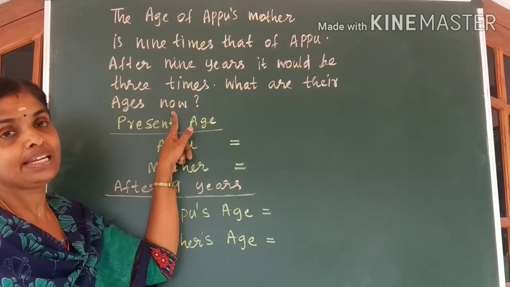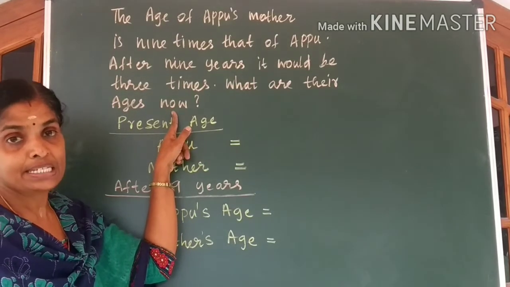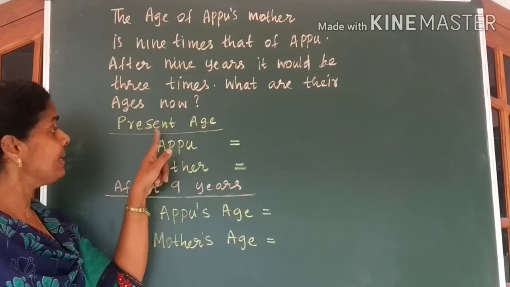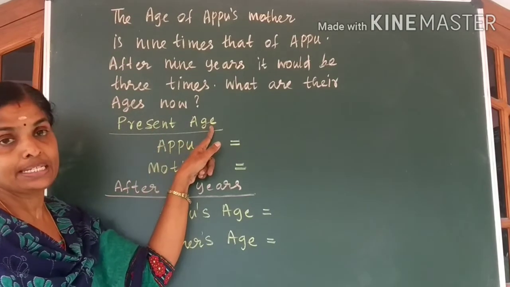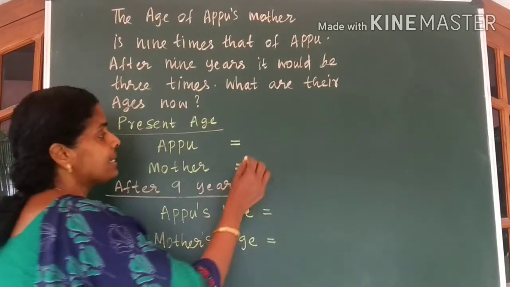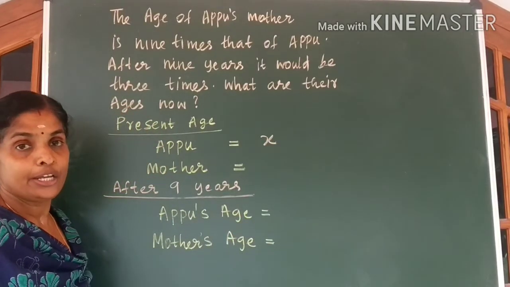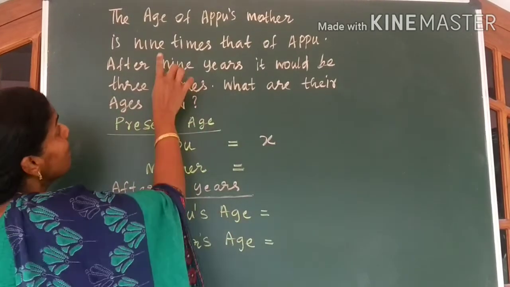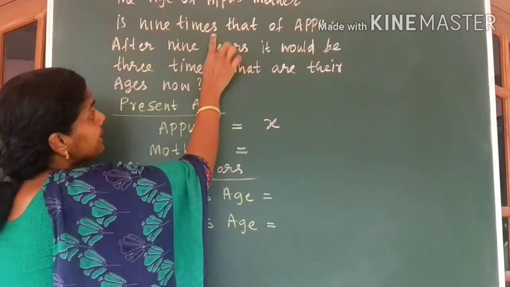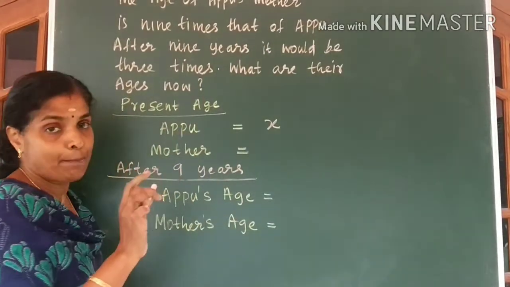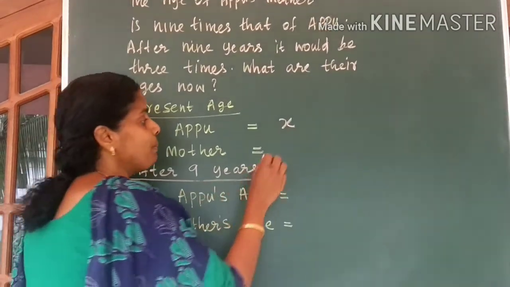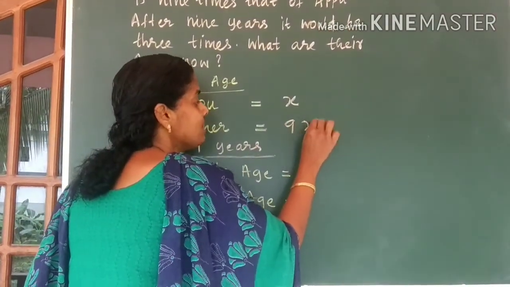So to answer this question, first of all, let us consider their present ages. Let Appu's age be equal to x. Use the condition. Appu's mother is 9 times that of Appu. His mother's age would be equal to 9 times his age.